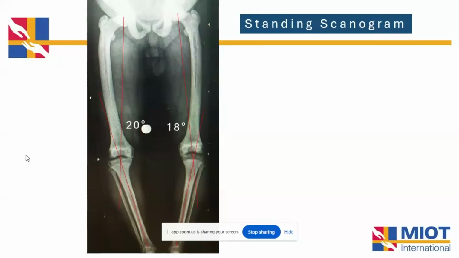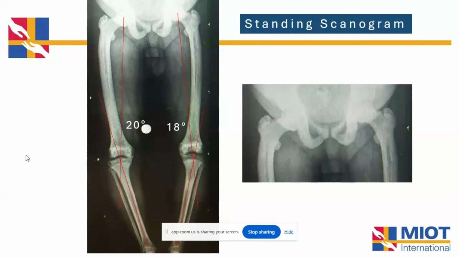That is the degree of deformity: 20 degrees on the right and 18 degrees on the left. I just want to highlight this part of the scanogram.